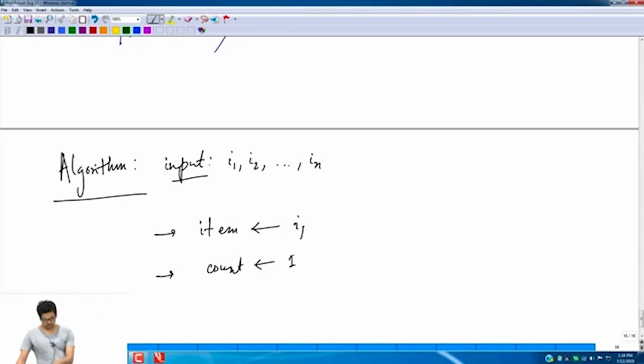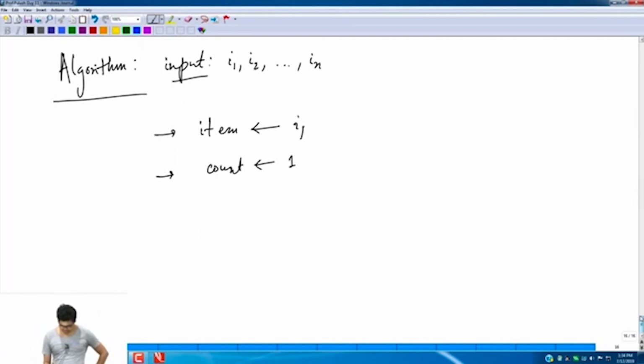So I have seen only I1, and so count is initially 1. Now output will be one of these items, with the guarantee that it's distributed uniformly at random from I1, I2 to IN.